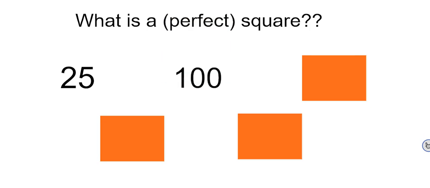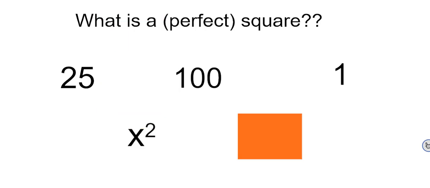So like 100 is a perfect square because 10 times 10 is 100. Same thing with 1 because 1 times 1 is 1. But we could also have perfect squares like x squared. So x squared is a perfect square because x times x is x squared.